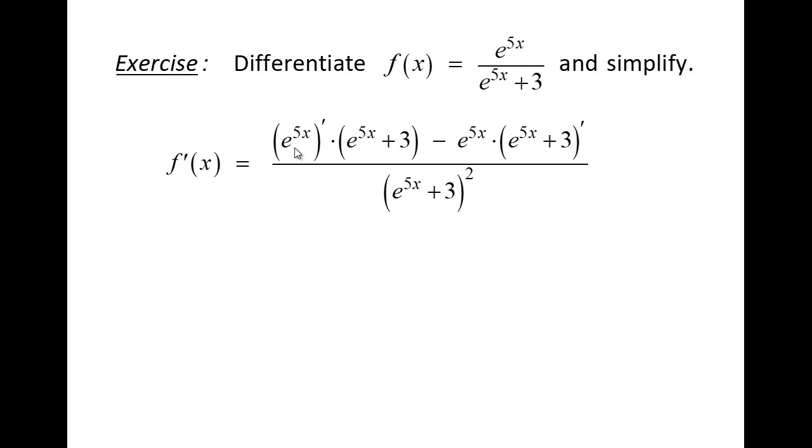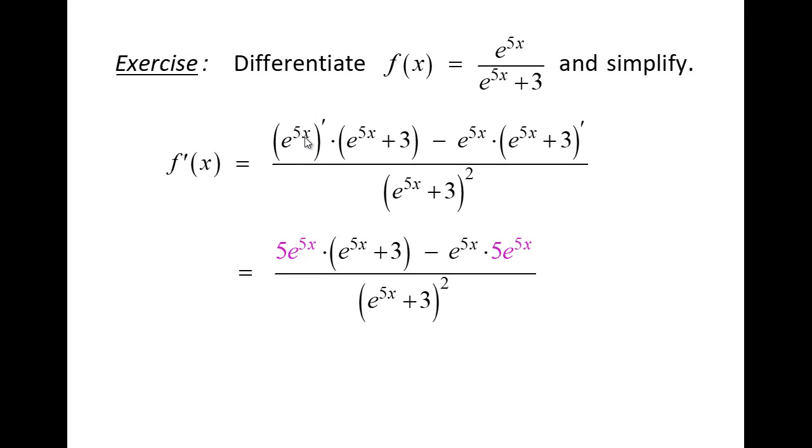Okay, now what's the derivative of e^(5x)? Well, it'll be itself multiplied by the derivative of the exponent, which is 5. So here I get 5e^(5x), and then here we get the derivative of e^(5x) is 5e^(5x), and the derivative of 3 is 0.